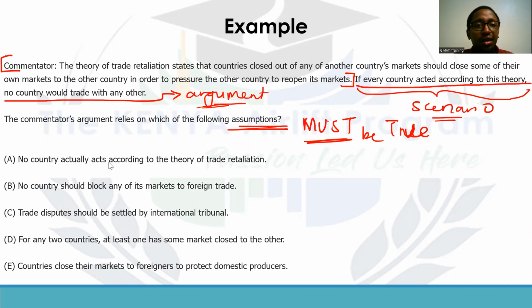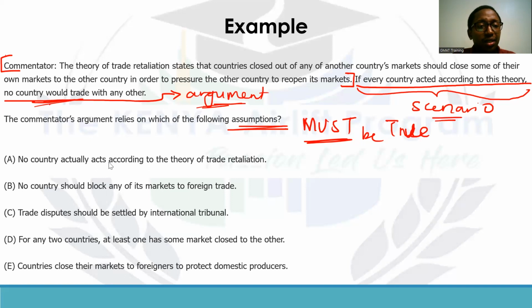So we take the premise and that scenario part. As we go to answer the question, we'll be assuming that every country is acting according to this theory and trying to evaluate if the argument is true. So will this really happen or not?